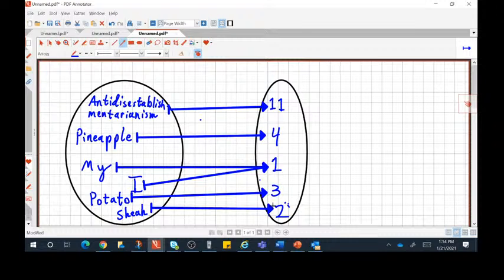So instead of putting anti-disestablishmentarianism in and getting out 11, she would have put in 28 and gotten out 11. Pineapple: 1, 2, 3, 4, 5, 6, 7, 8, 9.